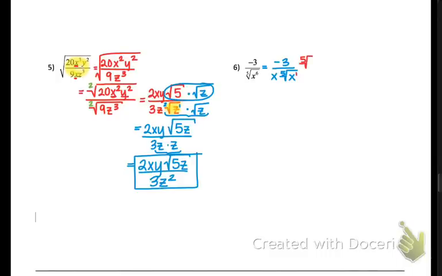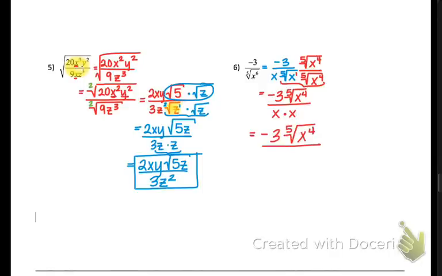So I'd multiply times the 5th root of x to the 4th over the 5th root of x to the 4th. In my numerator, that's going to give me negative 3 times the 5th root of x to the 4th over x, times these two together give me x. And so our final answer is negative 3 times the 5th root of x to the 4th over x squared.